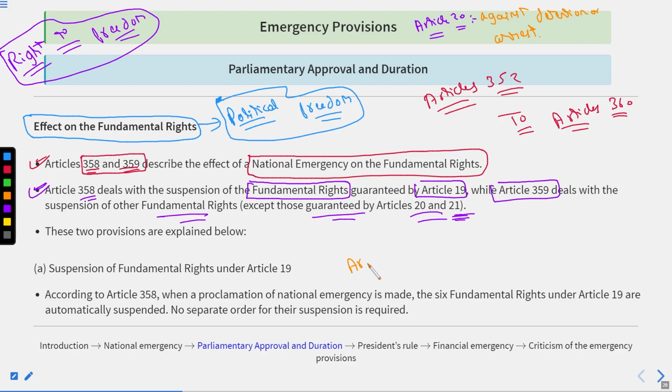And Article 21 provides protection for life and personal liberty.